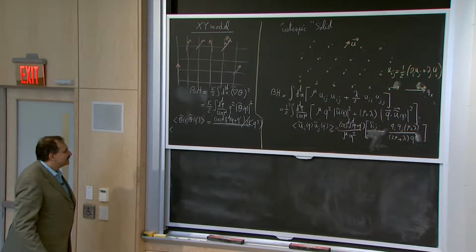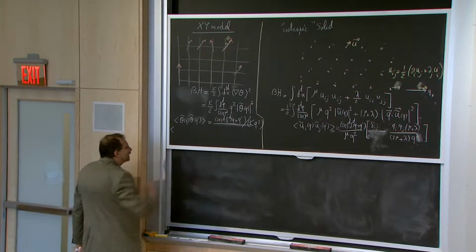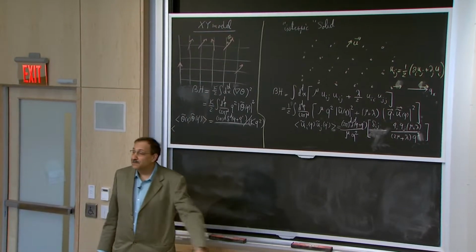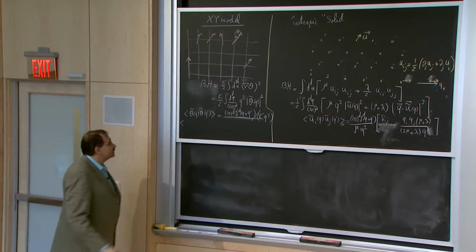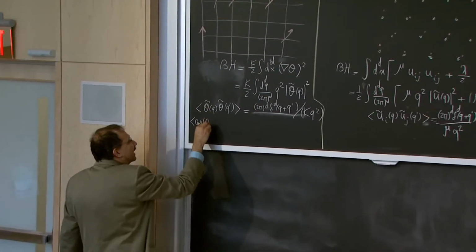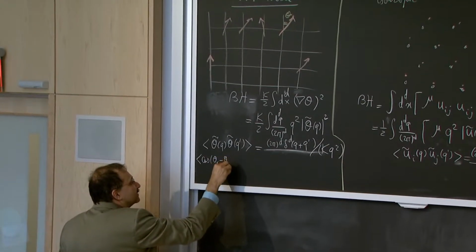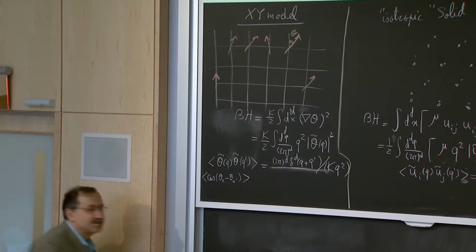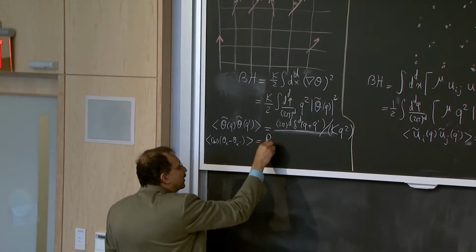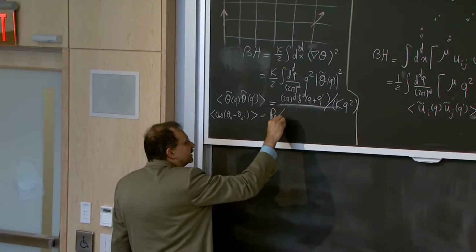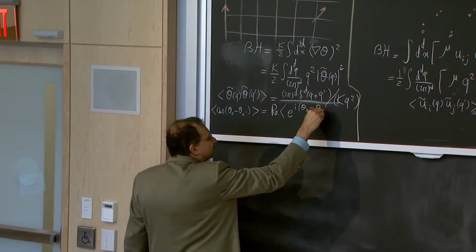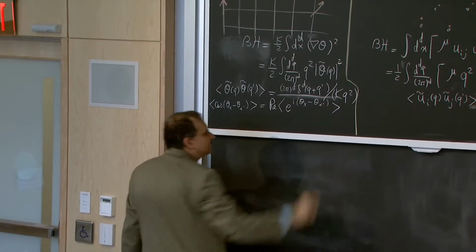All right. So going back here, in order to see the degree of alignment of the two spins that we have over here, what we need to do is to look at something like cosine of, say, theta at location x minus theta at location x prime, right? Which is none other than the real part of the expectation value of e to the i theta at location x minus theta at location x prime.